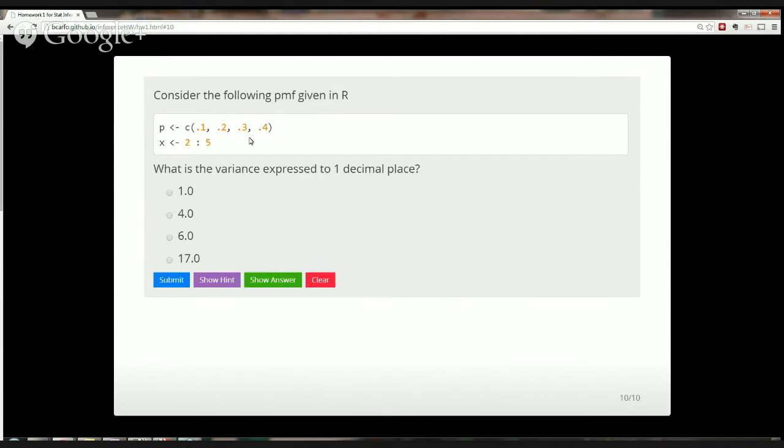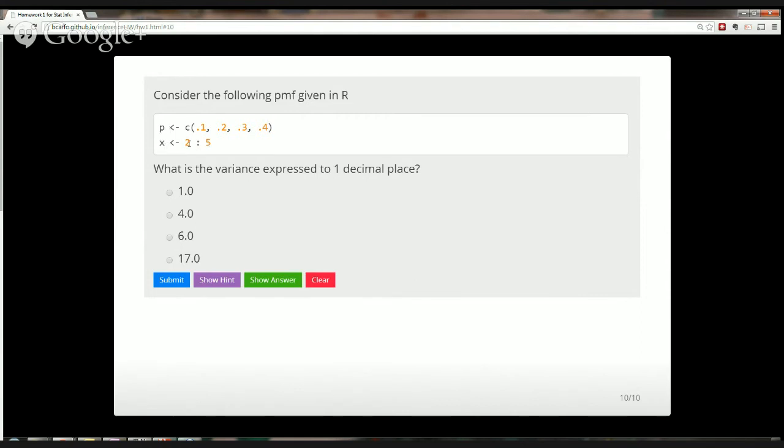Let's double check and make sure it's a valid PMF, because it would be just like me to give an invalid PMF. Okay, so 0.1 plus 0.2 is 0.3, 0.3 plus 0.3 is 0.6, 0.6 plus 0.4 is 1, so that adds up to 1. So the probabilities are all greater than 0, they sum up to 1, so it's a valid PMF. Then X, the possible values, is 2 to 5.